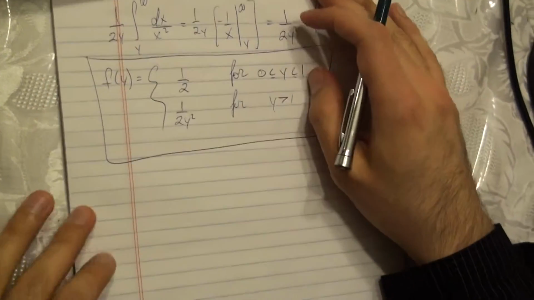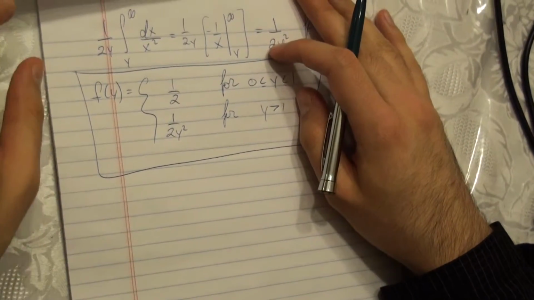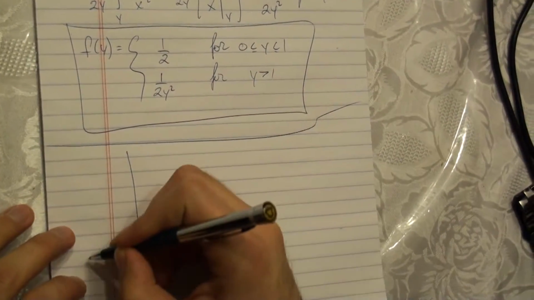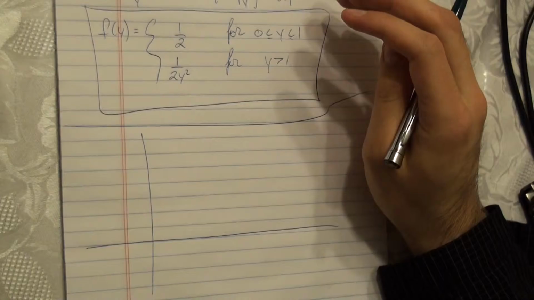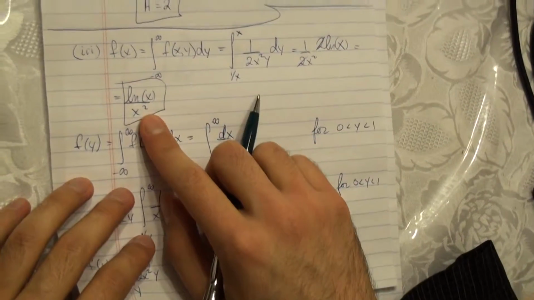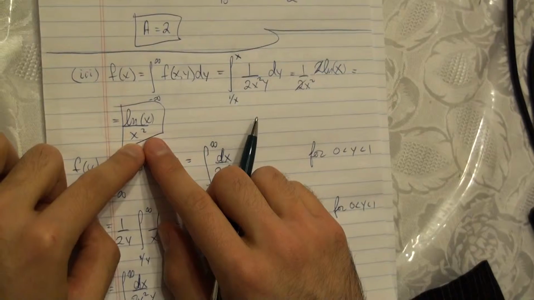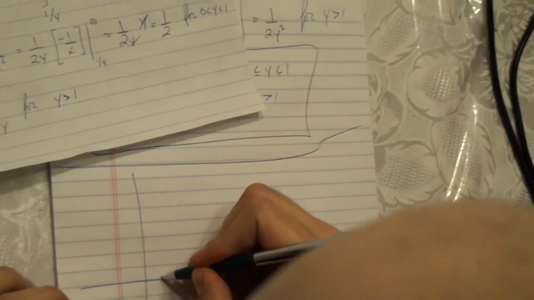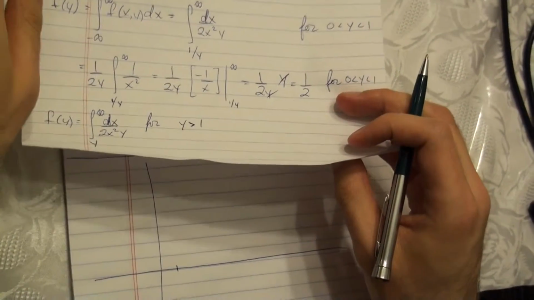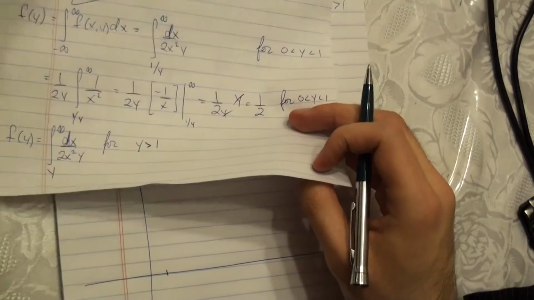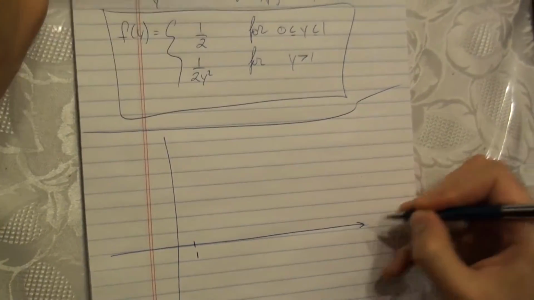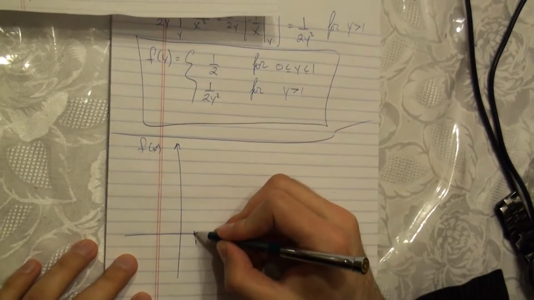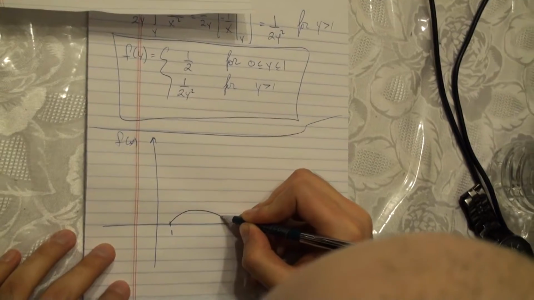Okay, so now we're asked to draw what this looks like. First I'm going to draw f of x. It's ln of x over x squared. This function is only valid for x greater than 1, so we want to go from 1 onward, and it's going to look something like this.